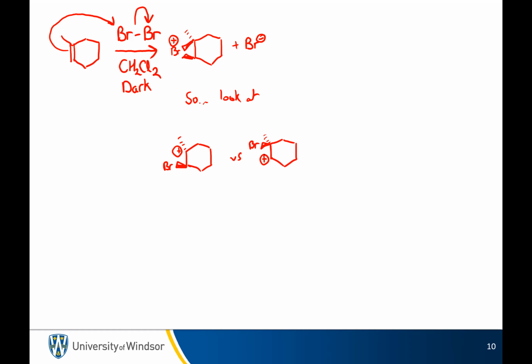Because those are the two options. I can break either one of those carbon-bromine bonds, and what I want to look at is where is the positive charge on the carbon? Which of those carbons wants the positive charge more?